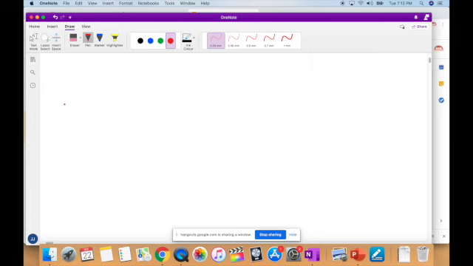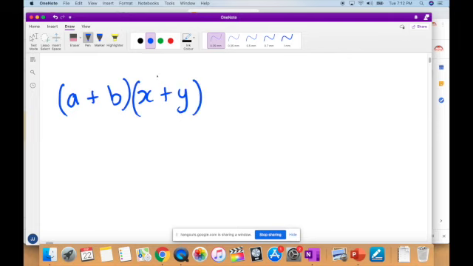Yeah. So when you are met with a situation A plus B into X plus Y, what you could simply do is take the A and multiply it by the X and then multiply it by the Y. And then you take the B, multiply that by the X and multiply it by the Y. So what we will end up getting, if you take A times X, that will be AX.